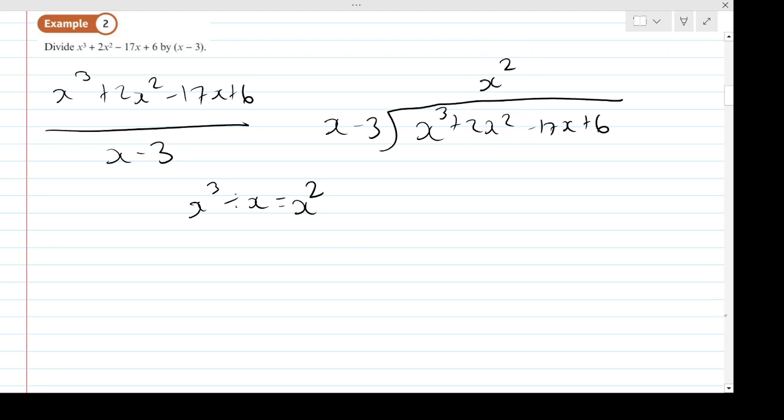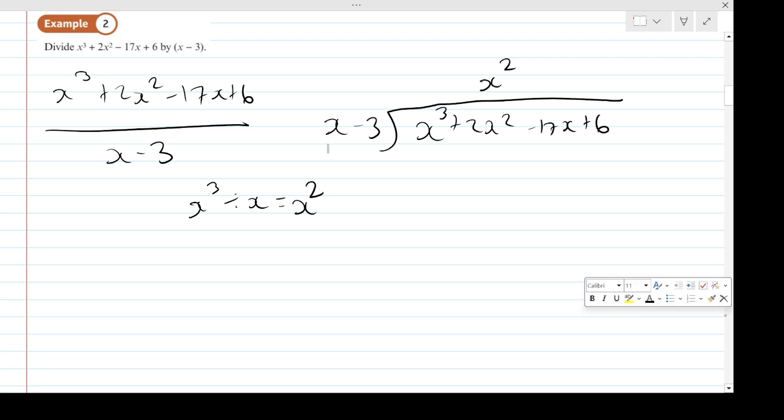So I'm going to put that up the bus stop, and that eventually is going to give me what we call a quotient. To remind, we got that from dividing the highest power inside, x cubed, by the highest term outside, which was x.